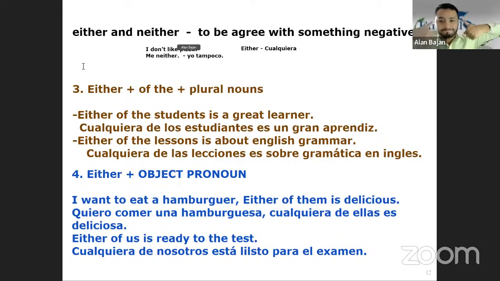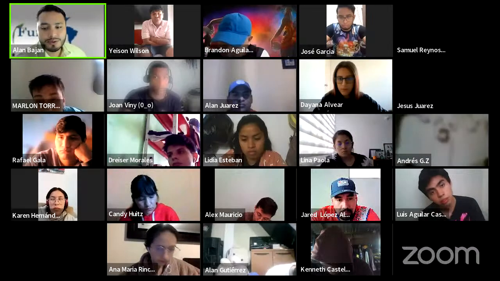Good. So either helps us to indicate the option for cualquiera. These are basically the rules that you saw in the presentation.